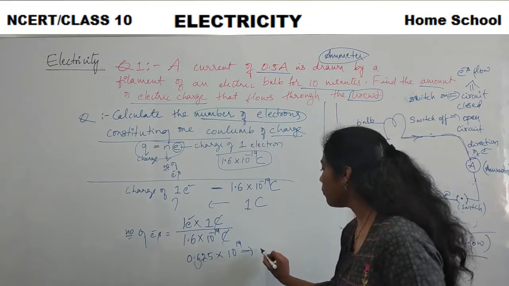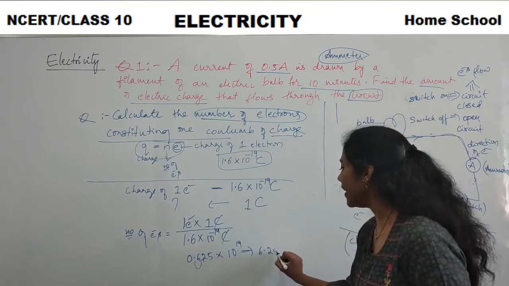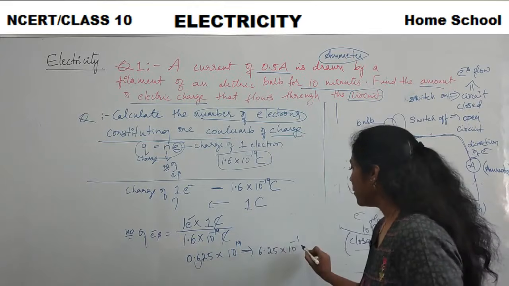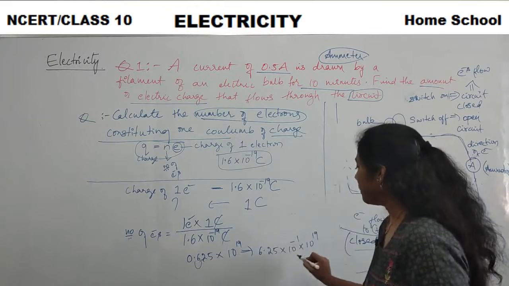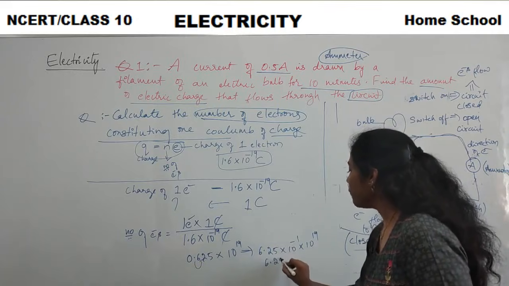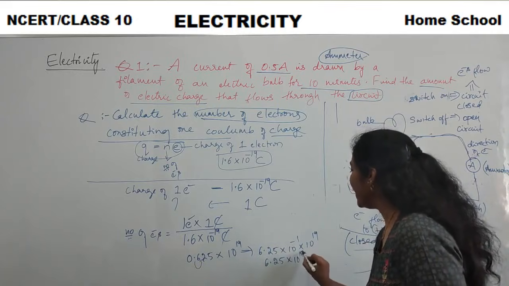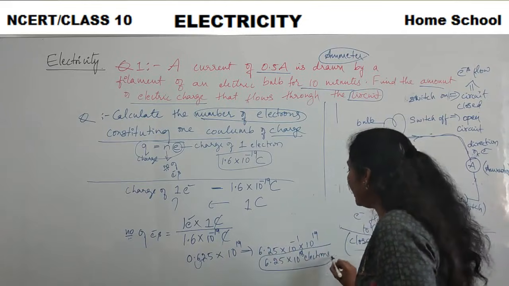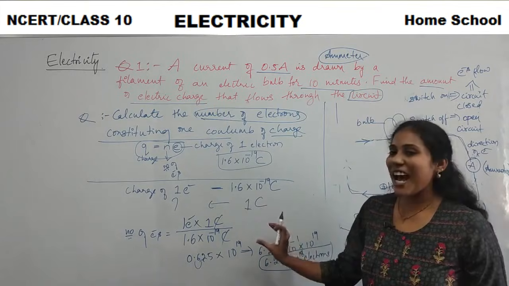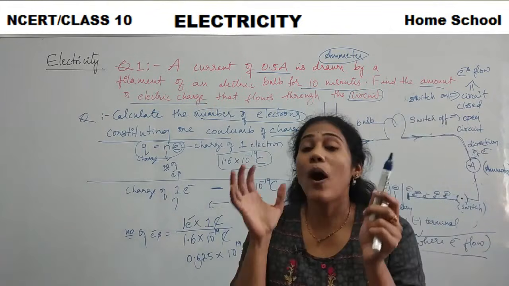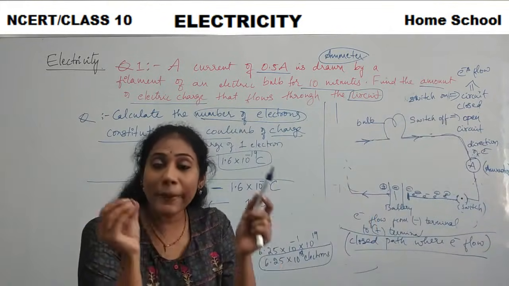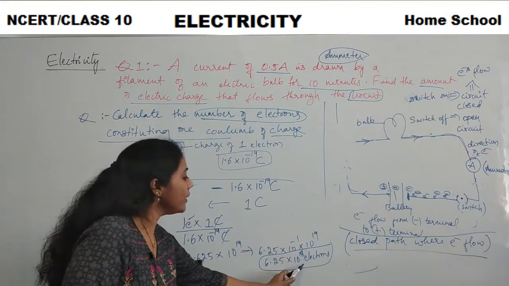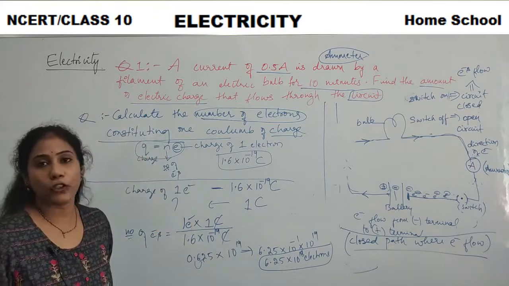If I shift there, I write 6.25 into 10 to the power of minus 1, into 10 to the power of 19. So this will be 6.25 into 10 to the power of 18 electrons. So remember guys, 1 coulomb of charge means how many electrons? 6.25 into 10 to the power of 18 electrons.